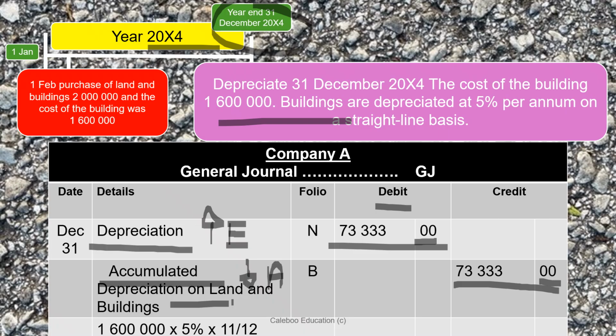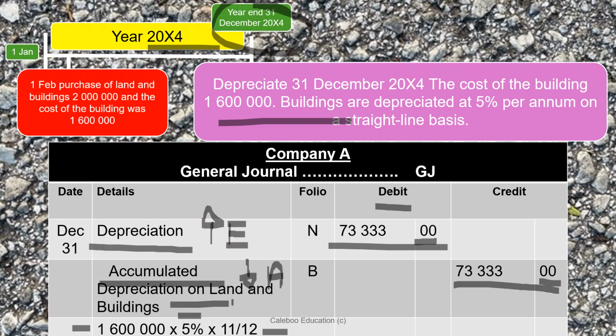There were cents involved here when you do the calculation, but it said round off to the nearest rand. And how the 73,333 was calculated was buildings, 1.6 million. They said it was 5%. And you have had this from the 1st of February until the 31st of December, which is 11 out of the 12 months of the year.